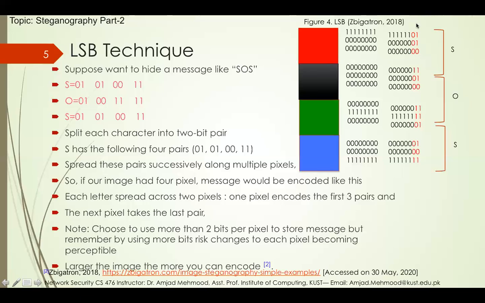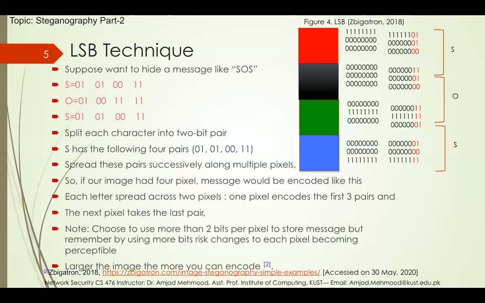As the change is so small, if it is received by an intruder or a malicious user, he will not be able to figure out what kind of information you want to send to the receiver. Note, you can choose to use more than 2 bits per pixel to store the message, as I explained. But remember, by using more bits, you risk the changes to each pixel becoming perceptible.